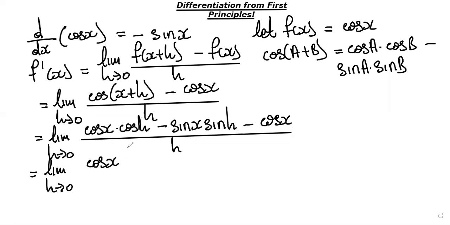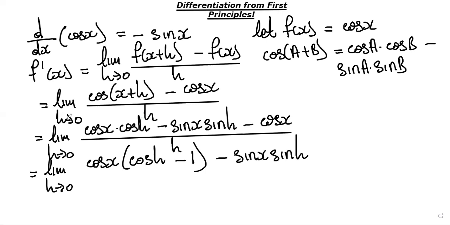After taking cosine x out, from the first term we are left with cosine h, but from the second term we are just left with a solid 1. Of course, we still have sine x times the sine of h, and this whole thing is divided by h.